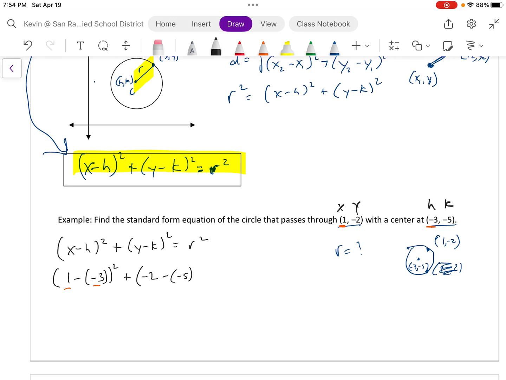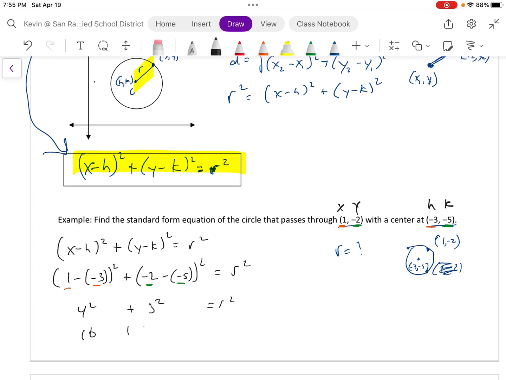And I'm going to go plus -2 minus -5 squared. So I do my math. This equals r squared.